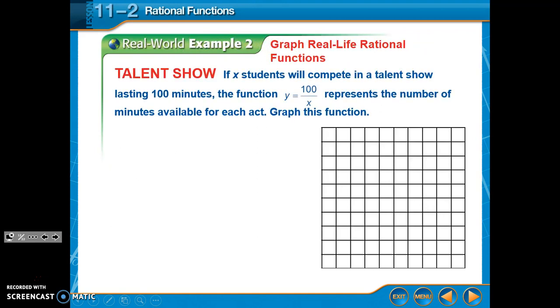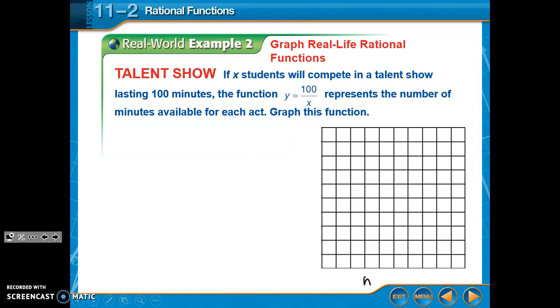Okay, the next thing we want to be able to do is to graph this. So if x students will compete in a talent show lasting 100 minutes, the function 100 over x represents the number of minutes available for each act. Graph this function. Now, because we're talking about minutes, we don't need to do both. We just need to do positive values.